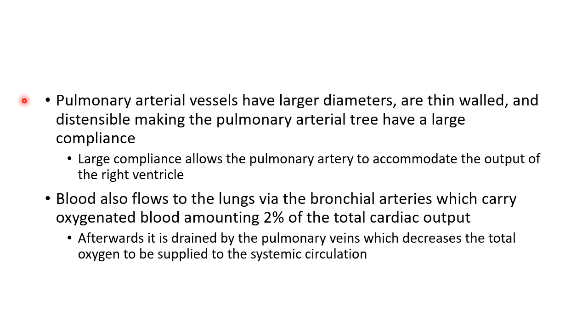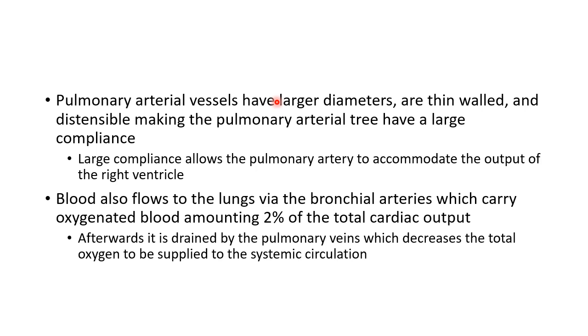So the pulmonary arterial tree carries with it deoxygenated blood. So, when we say that the pulmonary arterial vessels have larger diameters, we mean that if you cut the artery in cross-section, you will have a larger cross-sectional area. So, more blood can flow into that larger cross-sectional area.